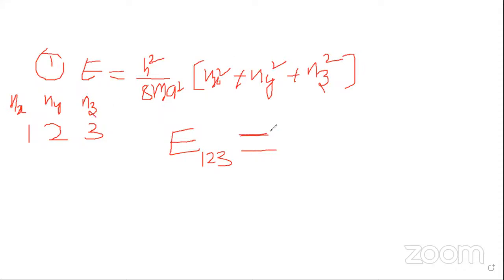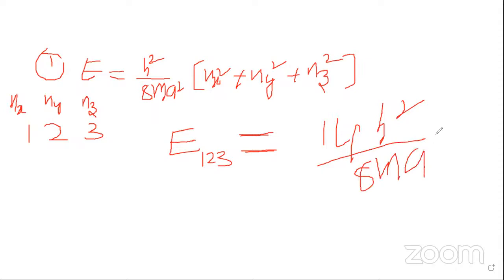What energy will you get? 14h square by 8ma square. 3 square means 9, 2 square means 4, 9 plus 4 plus 1 is 14. So 14h square by 8ma square.